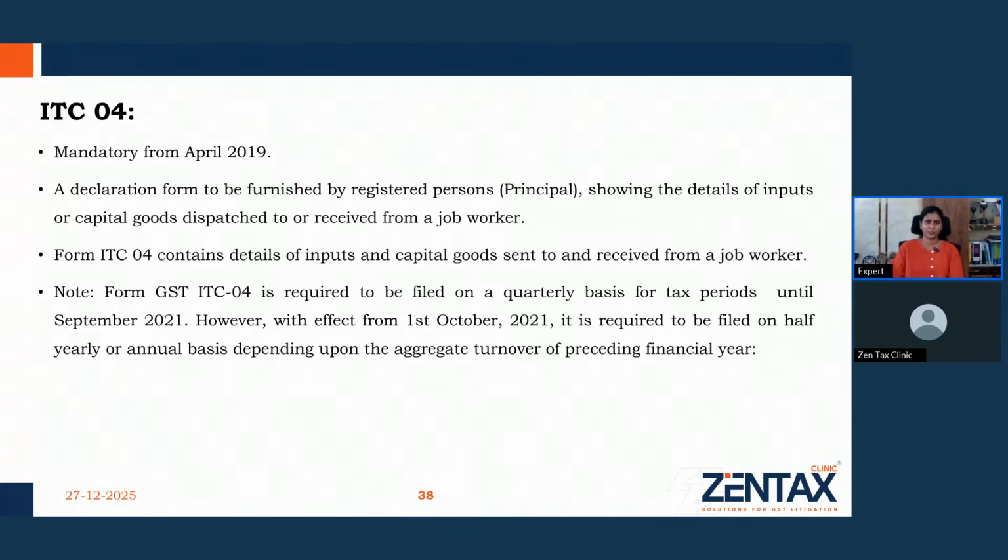So from 1st October 2021, there are no quarterly forms. We need to file on either a half-yearly basis or an annual basis. So this depends on the aggregate turnover. We will discuss the turnover limits in the future slides.